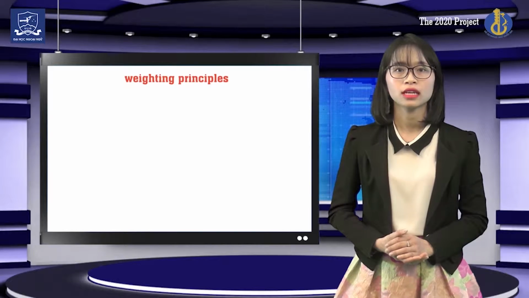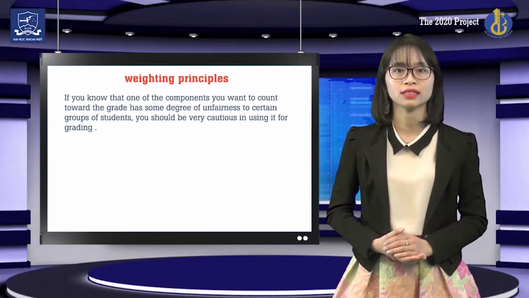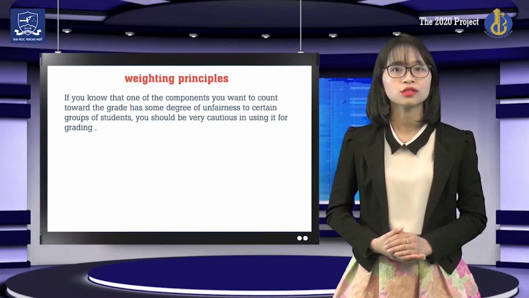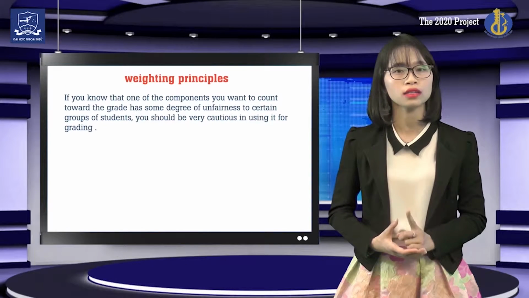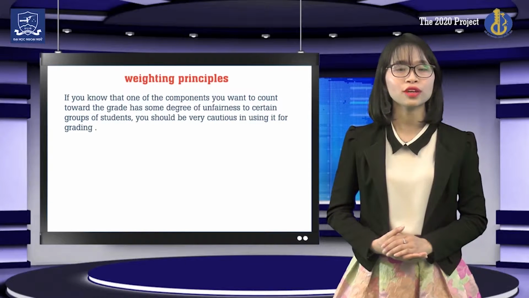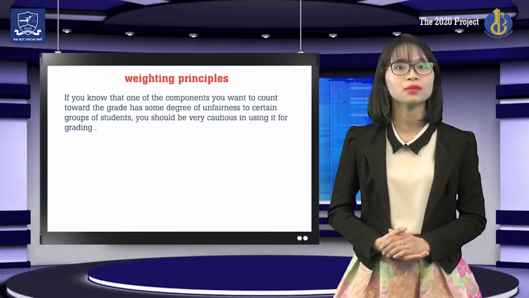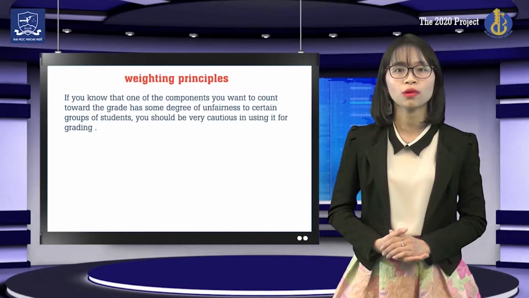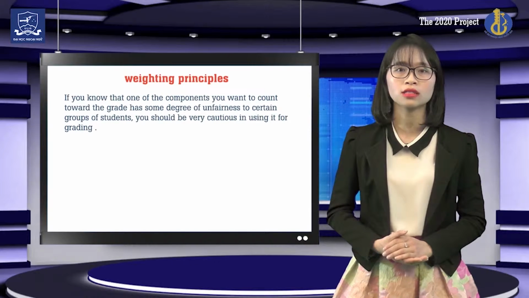First and foremost, components that assess more of the important learning targets and content should be weighted more heavily than those focused on only one or a few targets. For example, a 45-minute test which covers some learning units should weigh more than a 15-minute test covering only one part of a lesson.